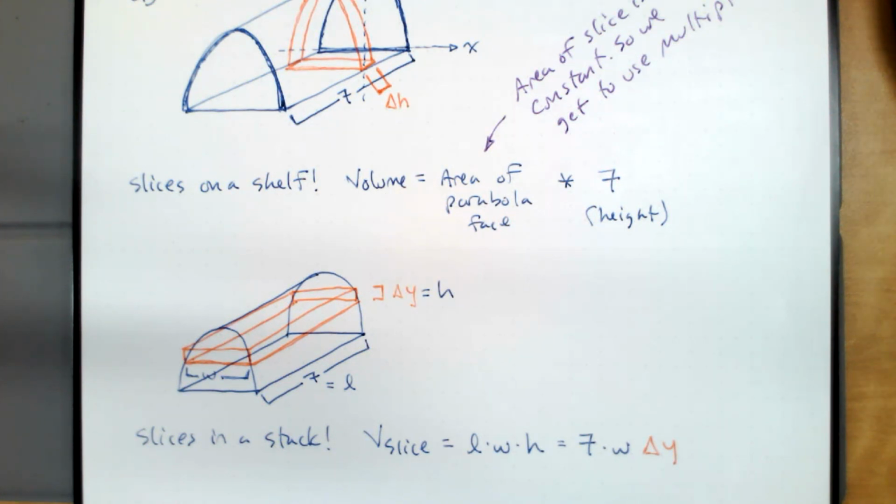They didn't change shape partway through our solid. If the task is just to find the volume of this thing, the best strategy would be to find the area of the parabolic face and then just multiply by 7.